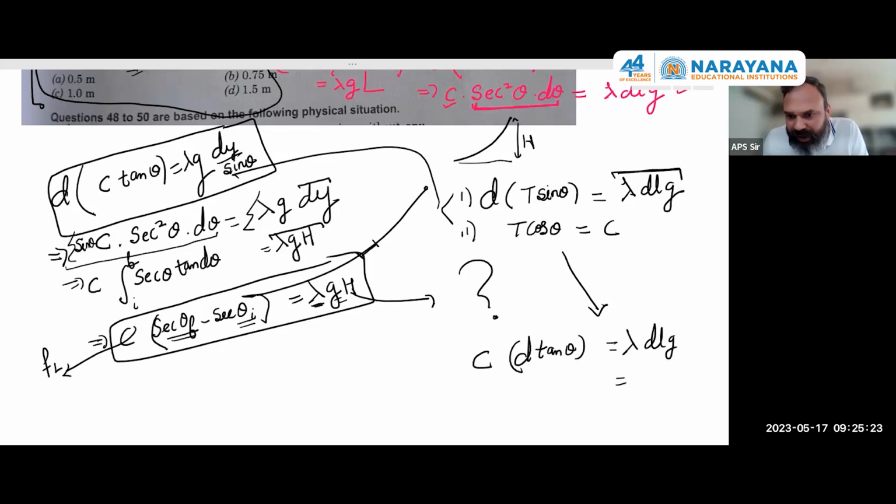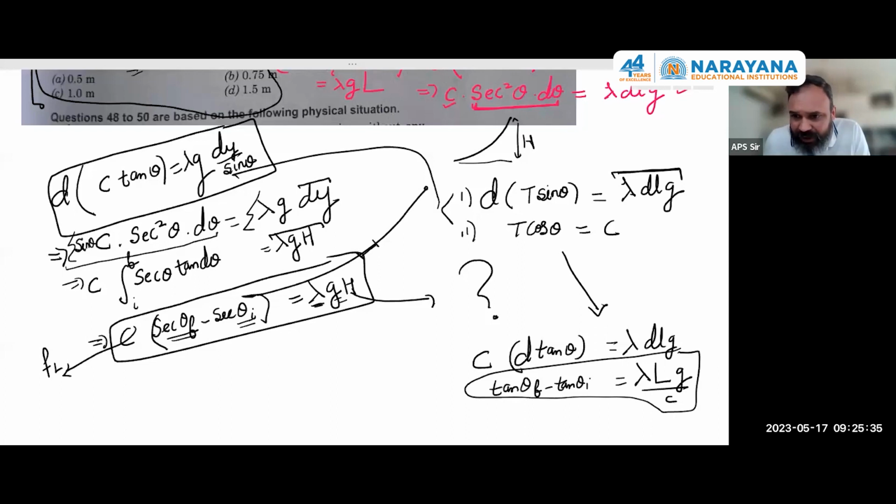So it was very evident that lambda into total length into g upon the constant is basically tan theta final minus tan theta initial. Here also, it seems like a state function kind of approach. The path was not relevant. Give me the total mass of the rope and the total length. These all will become constants if C is constant. And this was known, so this is also known.